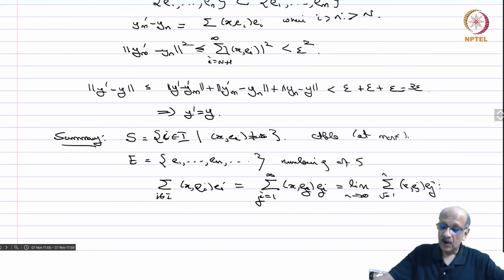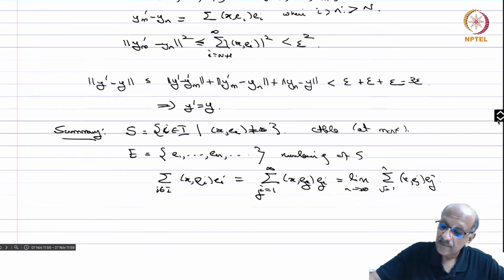And it doesn't matter how you numbered the elements in E, and therefore you always get the same vector and so on.